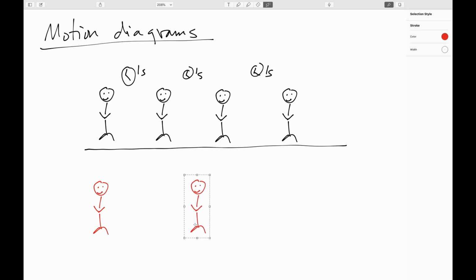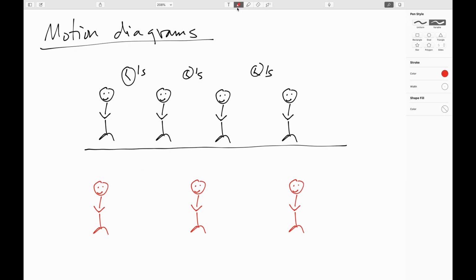Maybe doing something like this. And again, we will put 1 second between each of these positions that the person occupied.